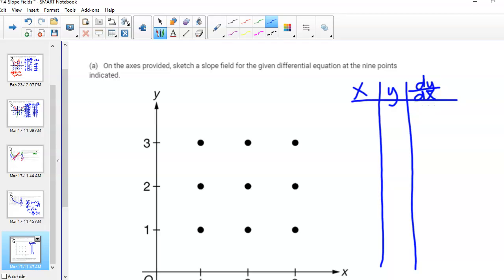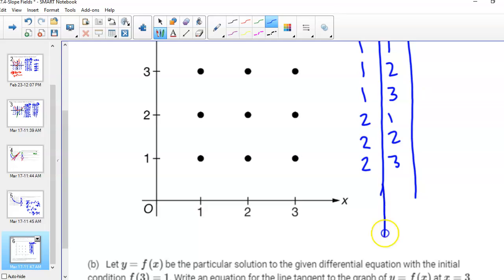And so if I start right here, we'd have the point 1, 1, 1, 2, 1, 3. Then we'd have 2, 1, 2, 2, and 2, 3. And then we would have 3, 1, 3, 2, and 3, 3.